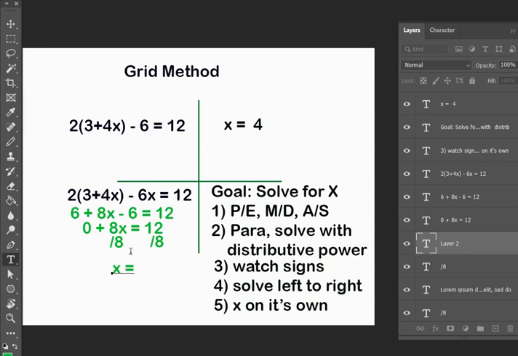And over here, I'm going to end up with, if I take, let's see, 4 goes into each one of these, so that's going to be 3 over 2. I like fractions.